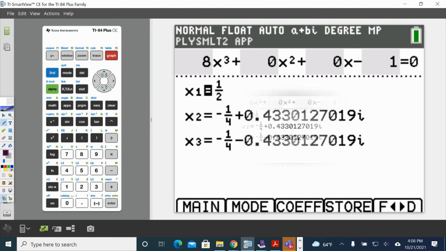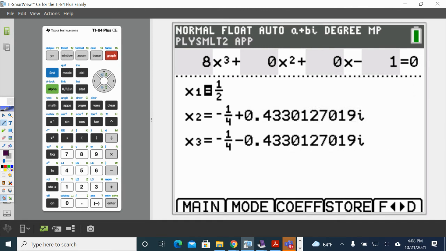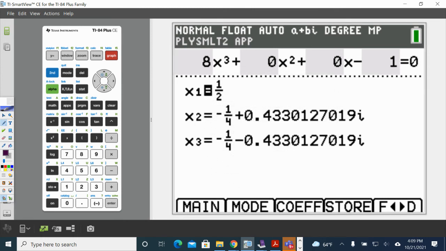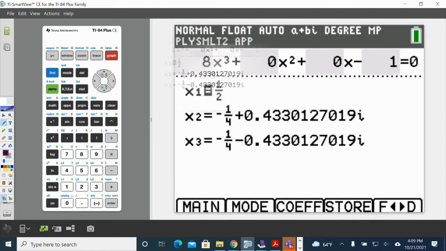Two of our solutions are imaginary, and not only that, they are irrational. So technically, you guys, this 0.433, positive and negative, represents a radical. So if it's a multiple choice test and you're using Polysimulator, this is a radical. But how do we write this answer? Well, the first answer is easy.